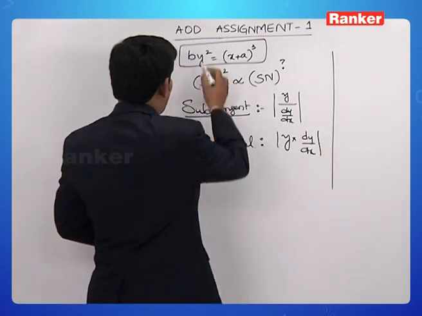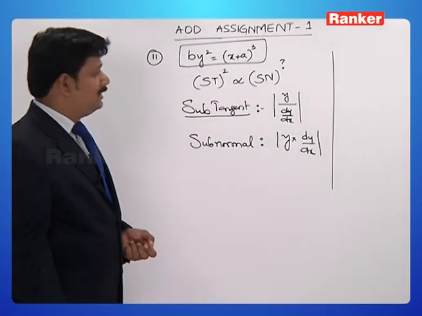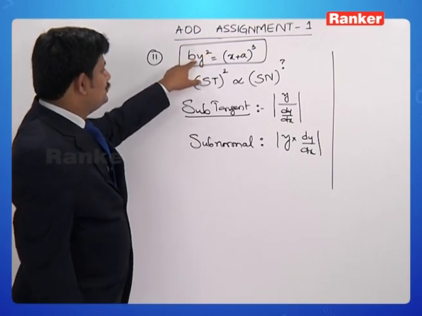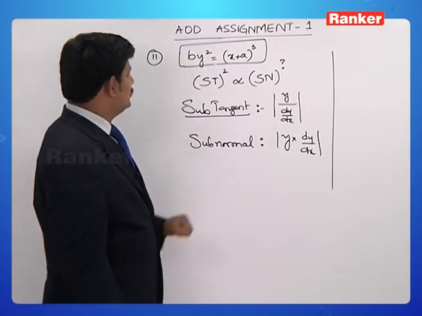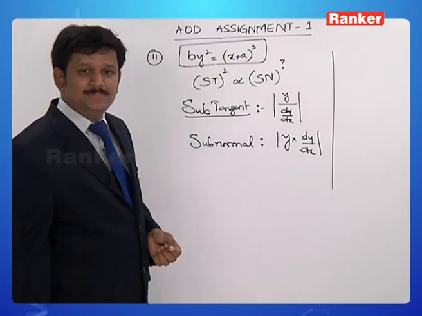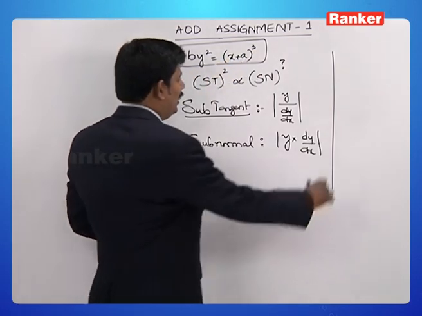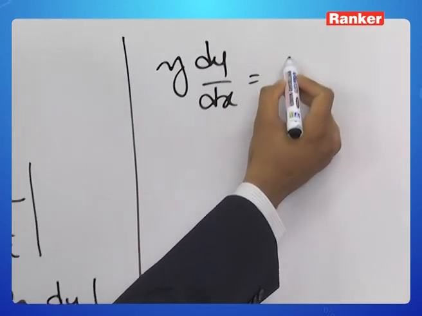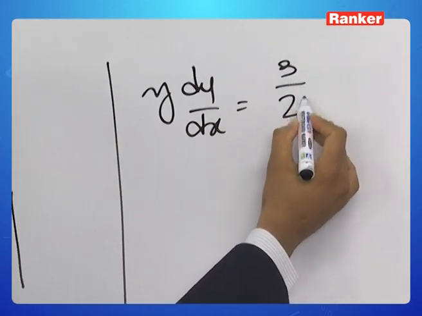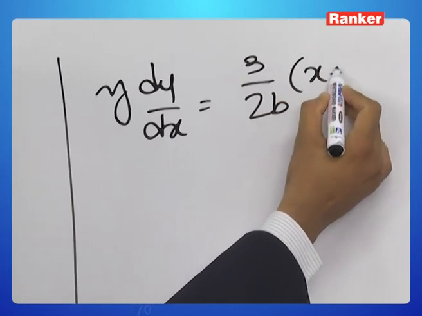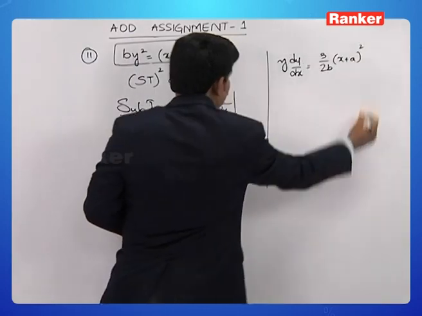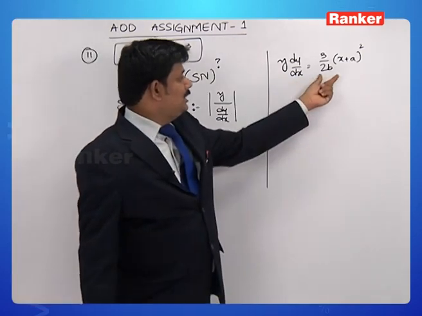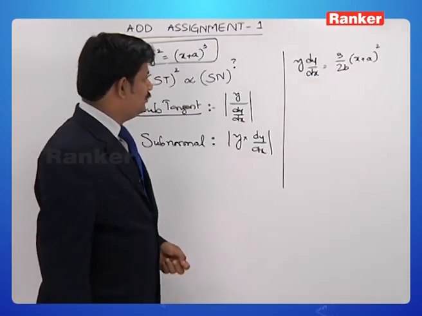Differentiating, we have 2y dy by dx is equal to 3 into (x plus a) whole square, or y dy by dx is equal to 3 by 2 into (x plus a) whole square.